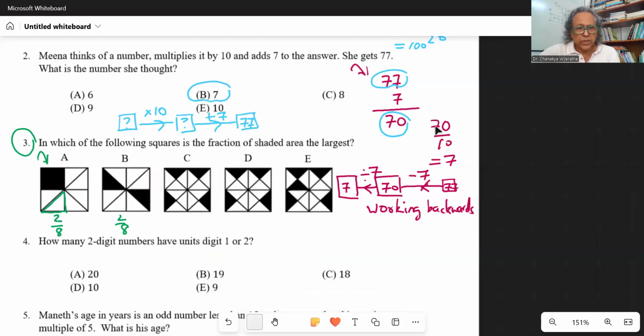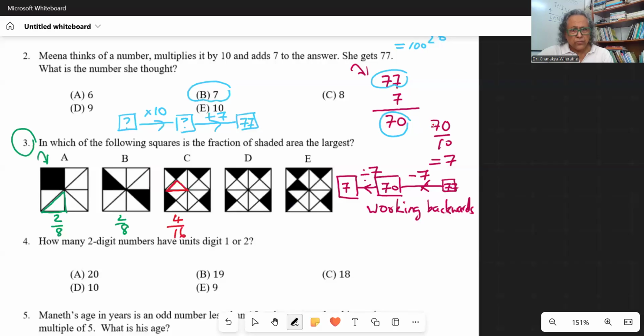Each small square is divided into 4 triangles, so the big square is divided into 16 congruent triangles, and then 4 of those 16 are shaded.